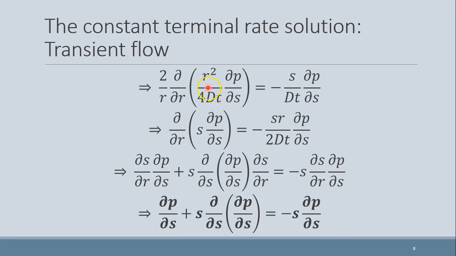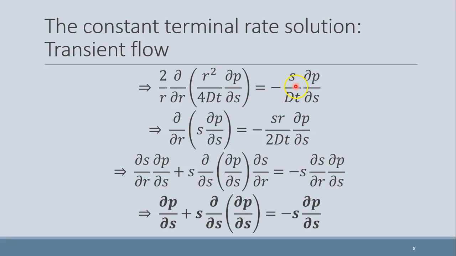Then, doing further calculations, 2 by r into del by del r of r square by 4 D t into del P by del s is equal to minus s by t del P by del s. These are calculations you should carry out on your own once.